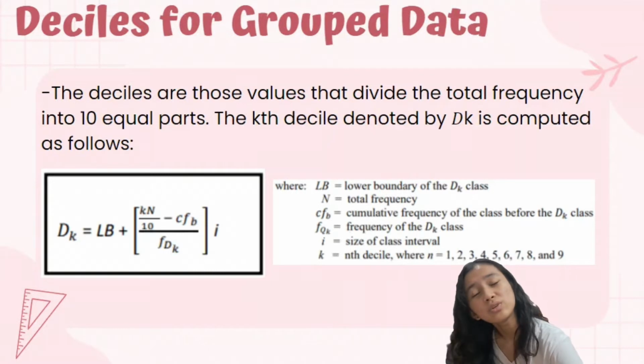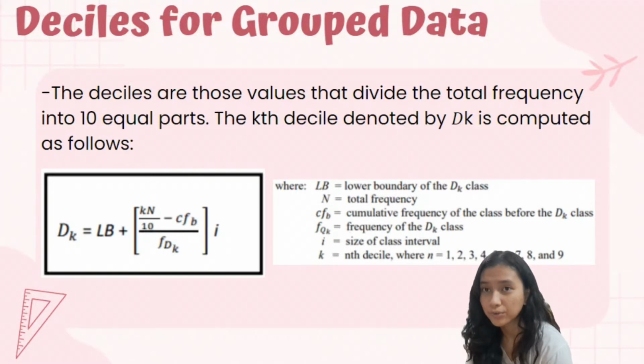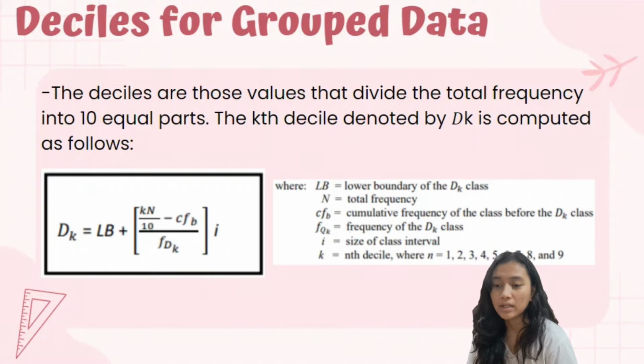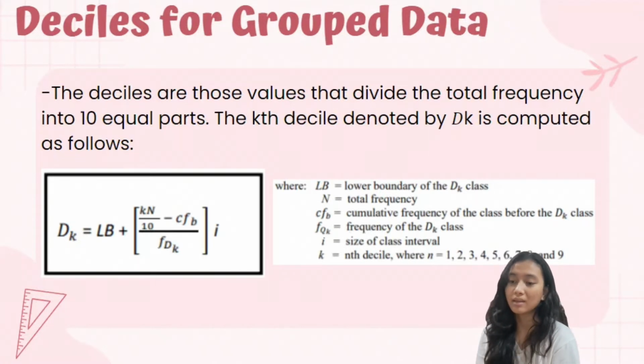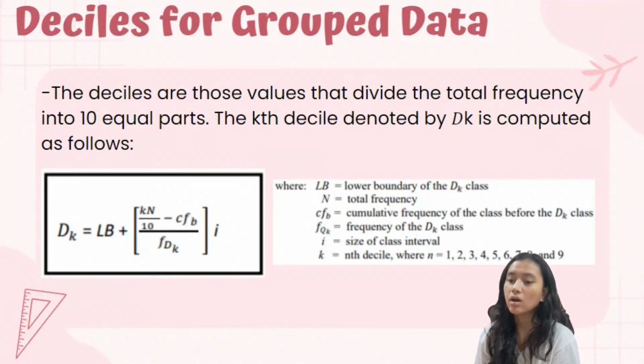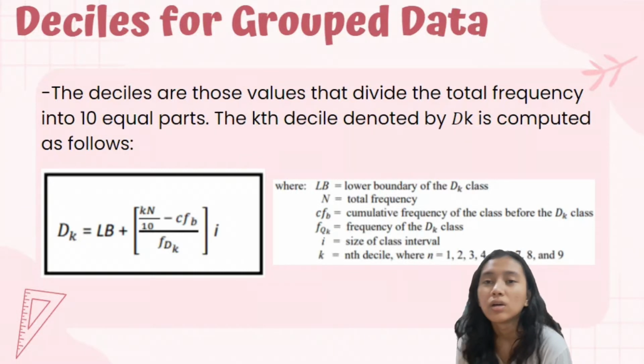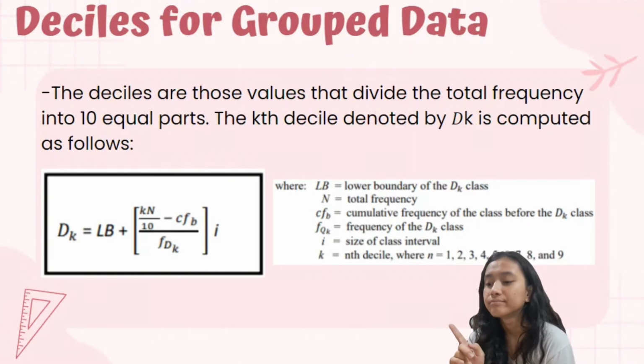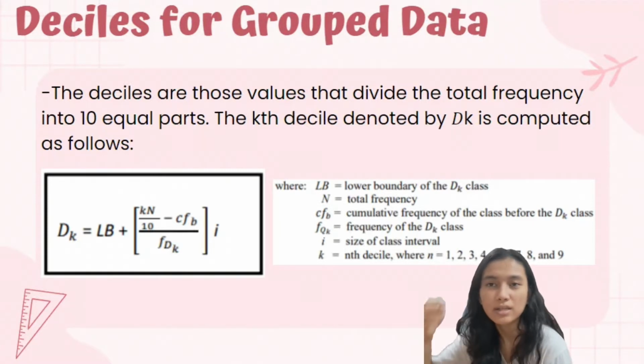So the formula for decile for group data is: value of the decile equals lower boundary plus open parenthesis k times n all over 10, minus cumulative frequency before the class of Dk, all over frequency, close parenthesis, times size of the class interval.